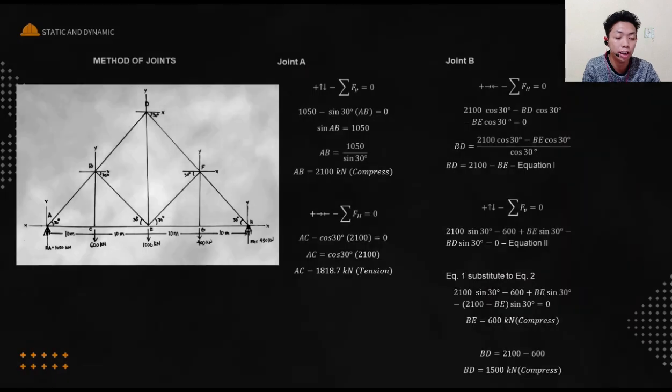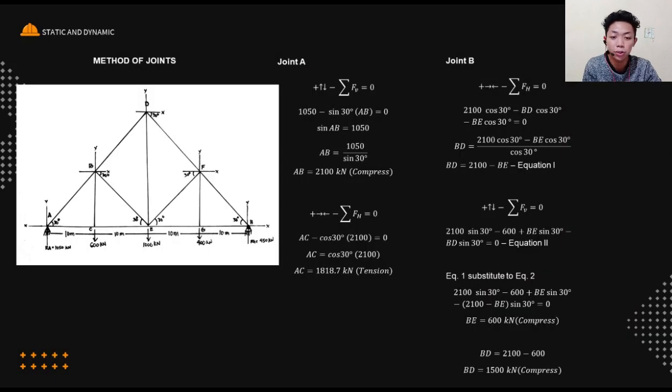Sa joint B, makikita natin dalawa din yung missing. So, ang mangyayari dito is magkakaroon tayo ng equation 1 and equation 2. So, summation forces horizontal muna tayo, which is kapag positive pagkanan and negative naman pagkakaliwa.